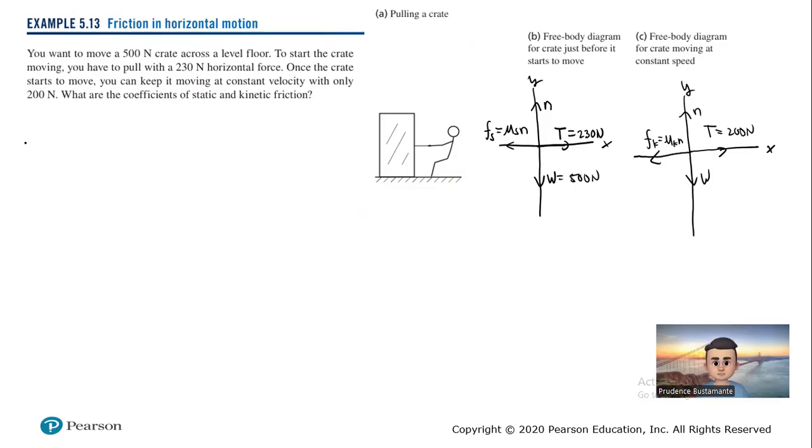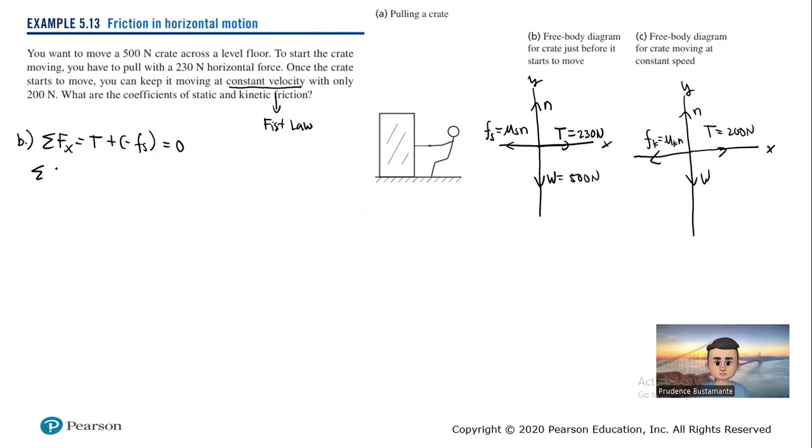Okay, for B, the summation of all the forces along x is equal to the tension plus the negative f sub s. Since we're now in constant velocity, first law, therefore this is equal to 0.